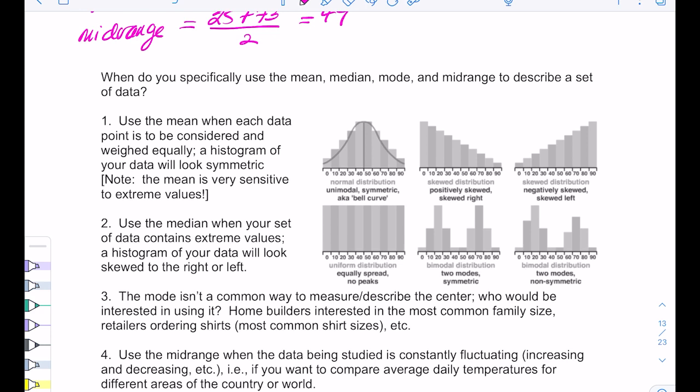So in this first one here, as you can see, that data set there, it's referred to as the normal distribution. And it's unimodal, which means it's got one mode, which would be your peak, right? So my mode would be right here because it's the peak.